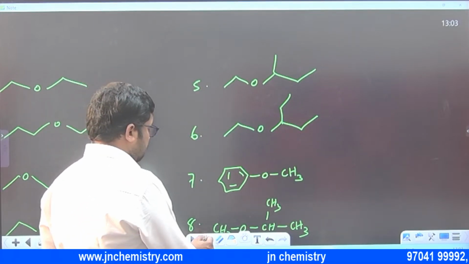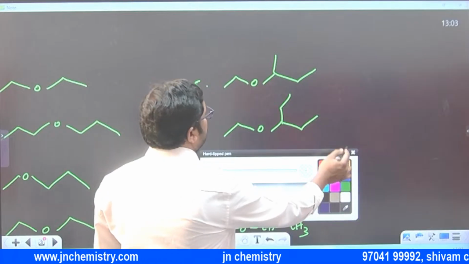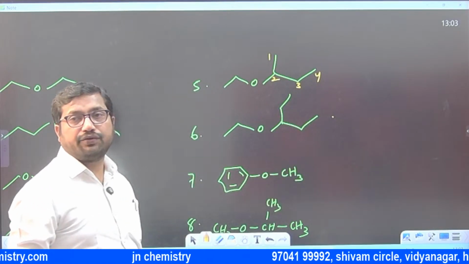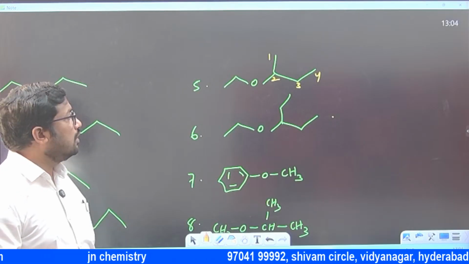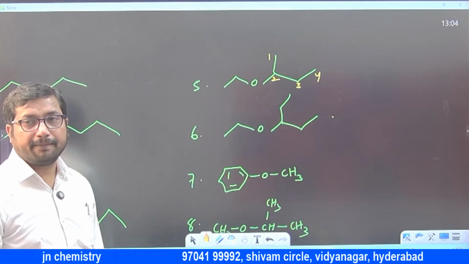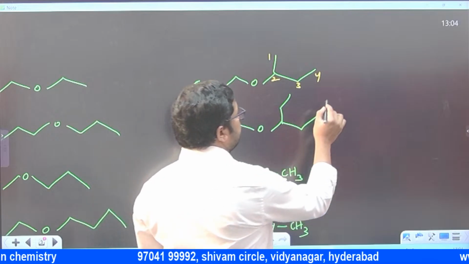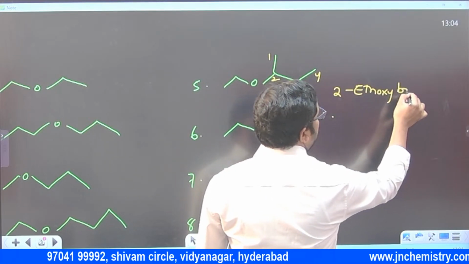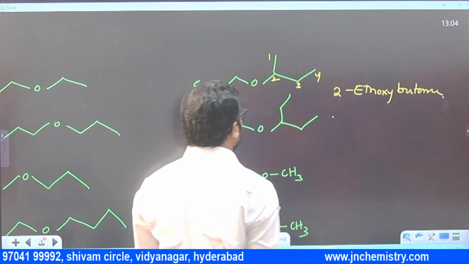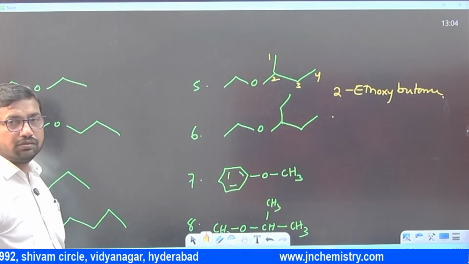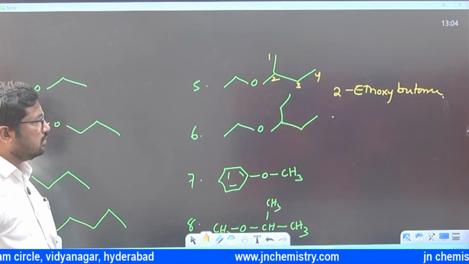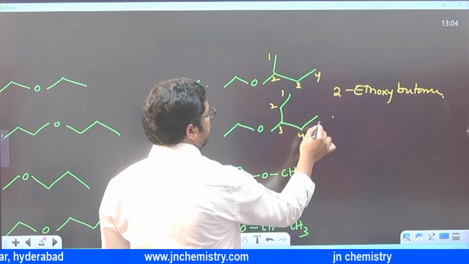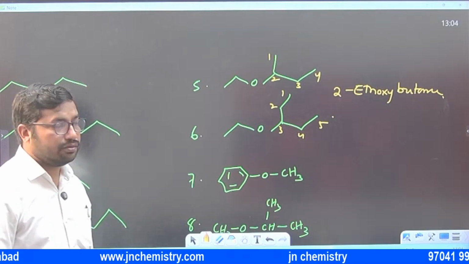Fifth one, so numbering we need to give. 2-ethoxybutane. Next, 3-ethoxypentane. Good.